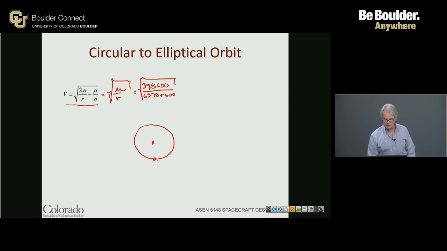If I wanted to move this out onto a larger ellipse, I'd have to have an instantaneous velocity increase at this point in time that I can calculate by velocity equals the square root of 2 mu over r minus mu over a. I would have to then say, okay, what are the orbital parameters, and in particular, what's the semi-major axis that I want to have? Go through, plug in velocity equals the square root of 2 mu over r, which is the same r, minus mu over a, which is the new semi-major axis.